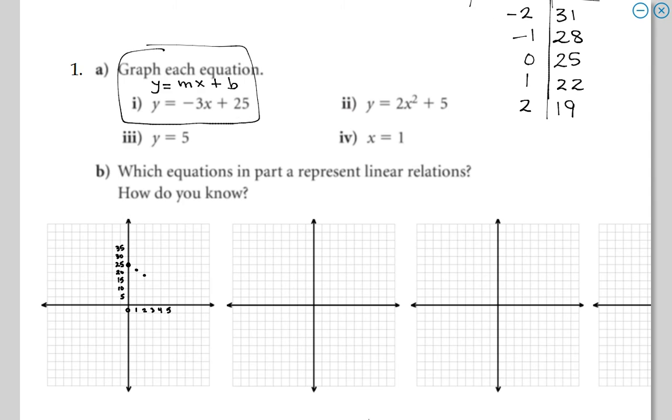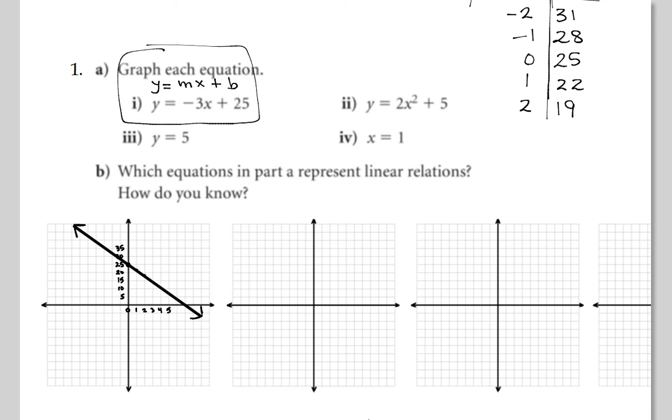Now all you need, you guys, is your ID card. And you go like this. And then because this is an equation, it goes on forever. You could always pick a different x value. When it was 0, it was 25.